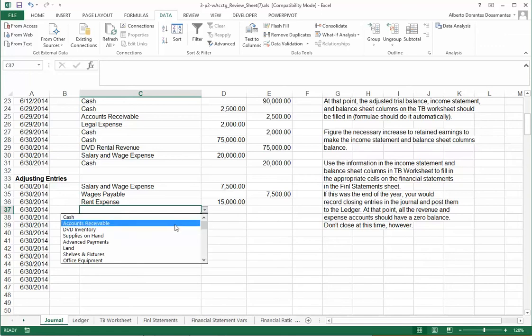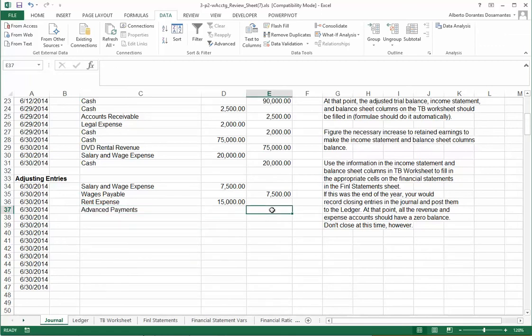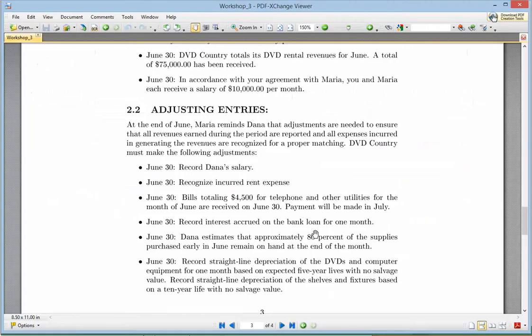We have to cancel out that account. That is basically an intangible asset that we had defined. We could name this account something like rent in advance, but I just named it advanced payment, and now we recognize that expense. Then we can go to the following one.